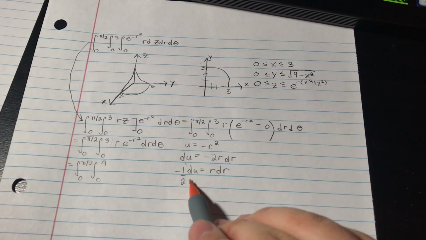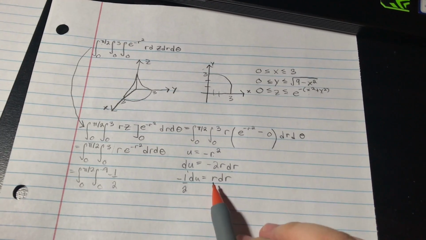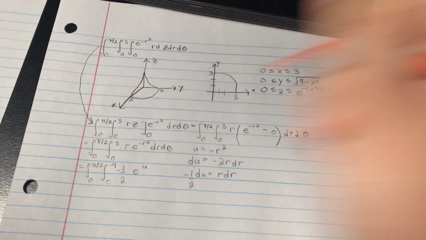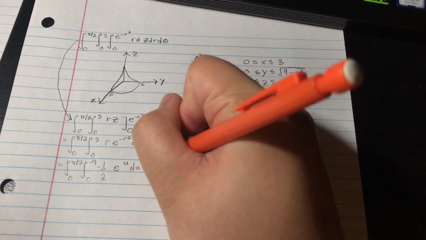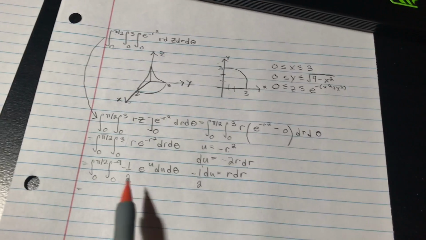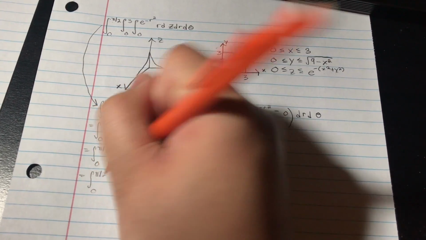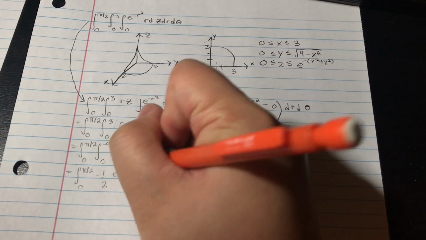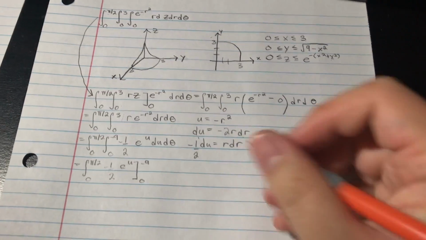Then we have a constant negative 1/2, the r dr goes away, and we have e to the u du d theta. Now let's evaluate: 0 to pi over 2, negative 1/2 e to the u evaluated from 0 to negative 9, d theta.